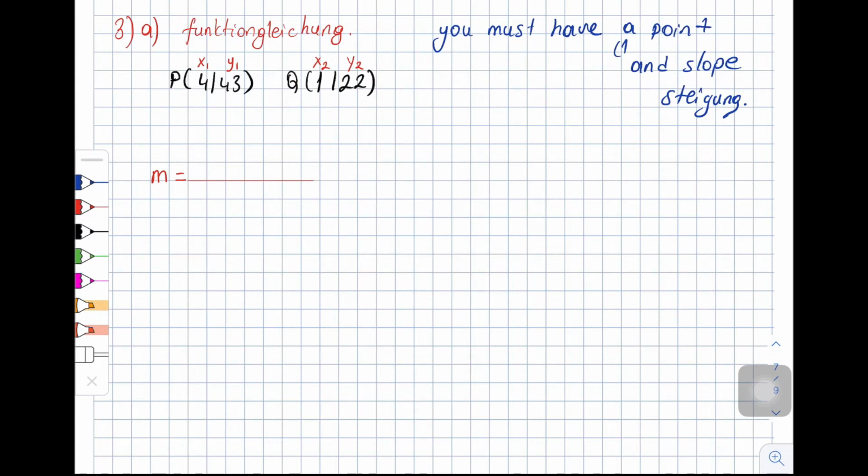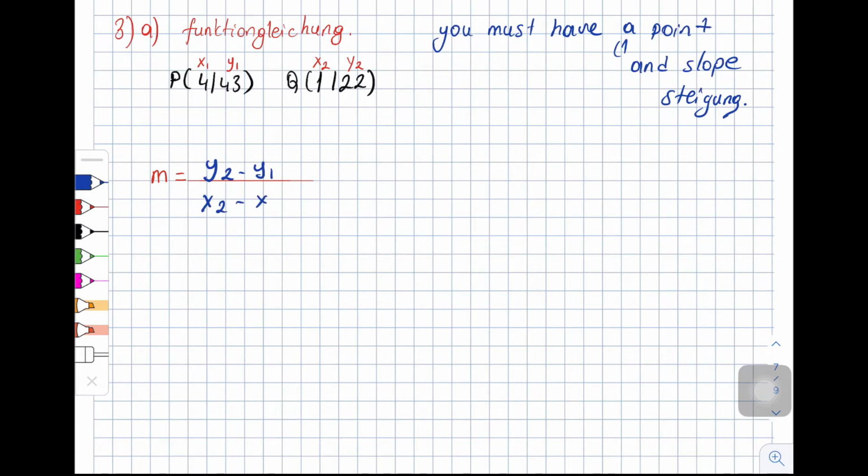I always do this. Then let's write it down, my second y Punkte, which is 22 minus 43. Okay, is this right? You know what? Let me write down the formula first. y2 minus y1, x2 minus x1.